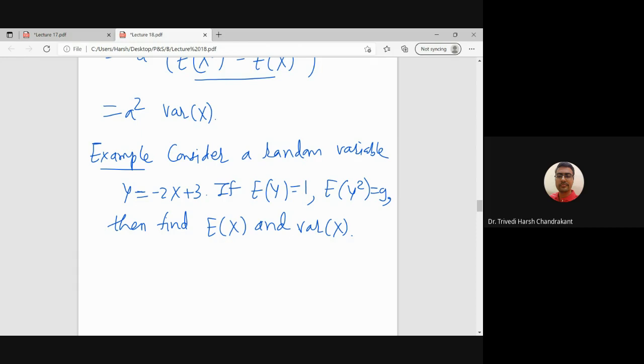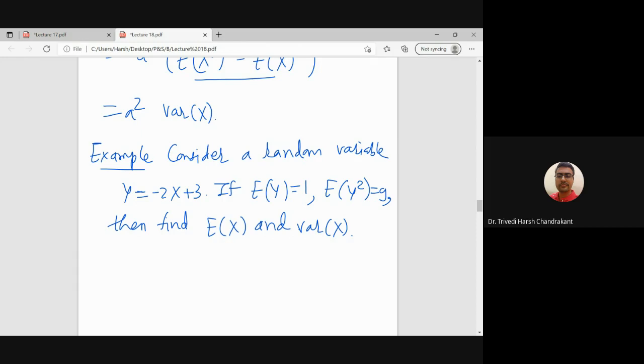So what is the answer? One is the expectation, and the variance is 1/4. So how did you find the variance? We have the random variable y is minus 2x plus 3.